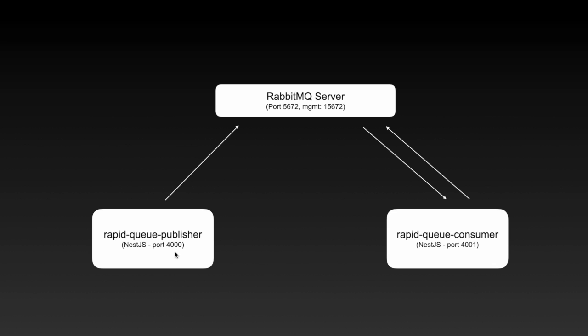We'll be running this on port 4000, and from here we will make an API call, and then from the service we'll push a message to the queue. After this is done, we will go over to the consumer side, where we will set up a NestJS application where we'll be consuming the messages from the RabbitMQ server, and we'll see how it goes.